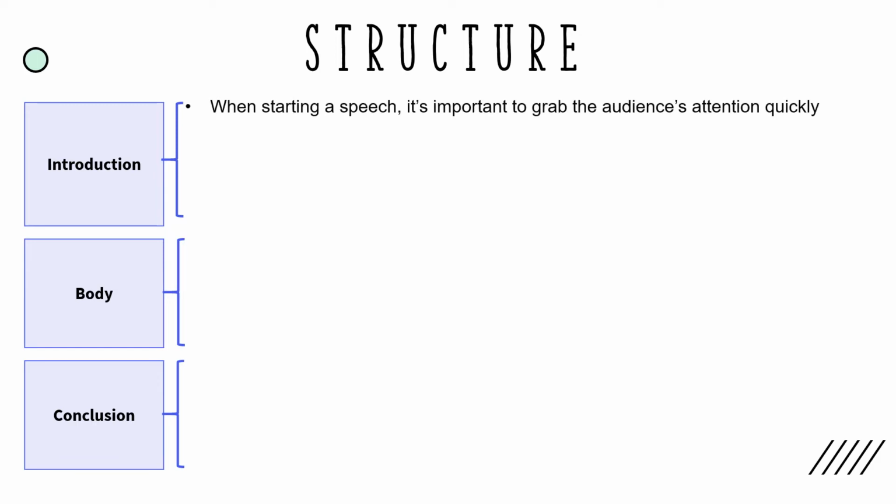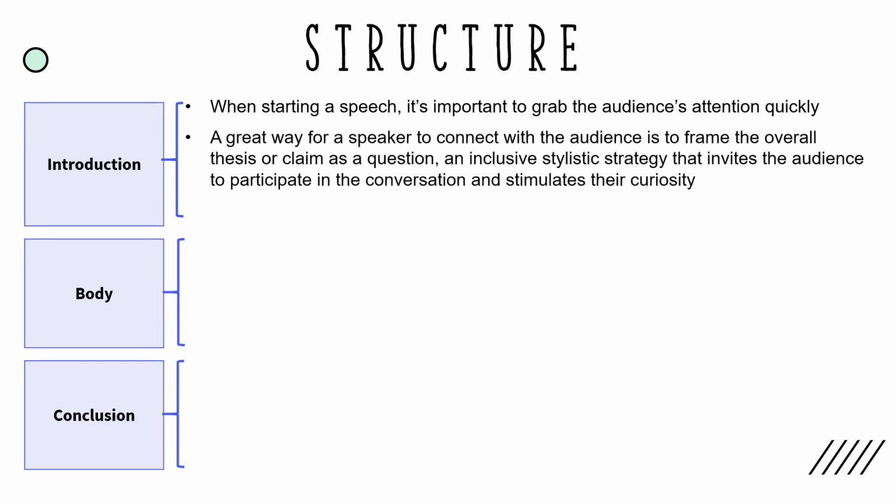When starting a speech, it's important to grab the audience's attention quickly in order to encourage them to stick around and listen. A great way for a speaker to connect with the audience is to frame the overall thesis or claim as a question, an inclusive stylistic strategy that invites the audience to participate in the conversation and stimulates their curiosity.